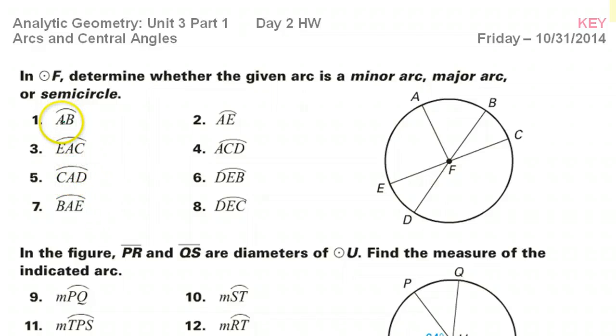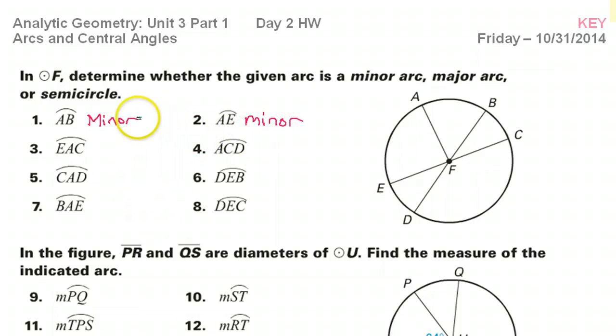I'm talking about number 1 and number 2. Simply the fact that these are written with only 2 letters means that it has to be a minor arc. So arc AB and arc AE automatically are going to be the minor arcs because there's only 2 letters.